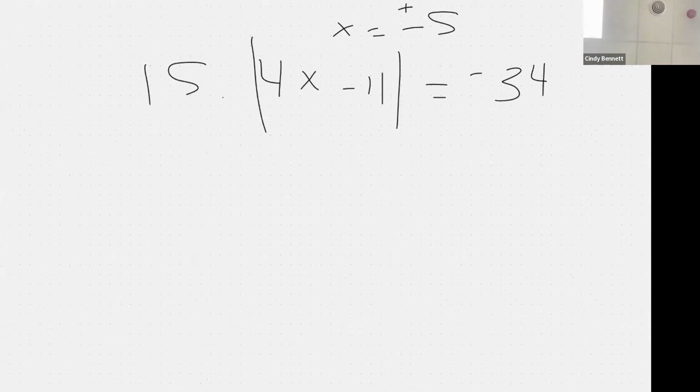Oh, you already wrote it out. Just take the 11 away. No, you can't. We have the absolute value, so we have to write out two equations. You can't add 4 yet, or add anything.